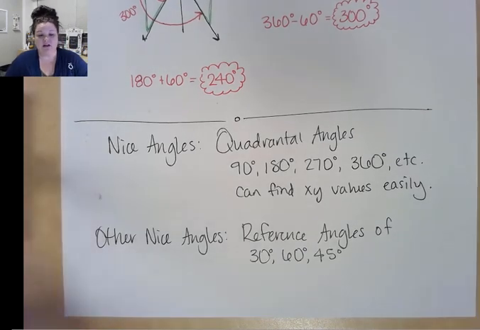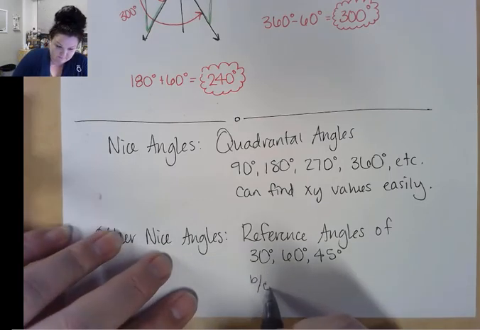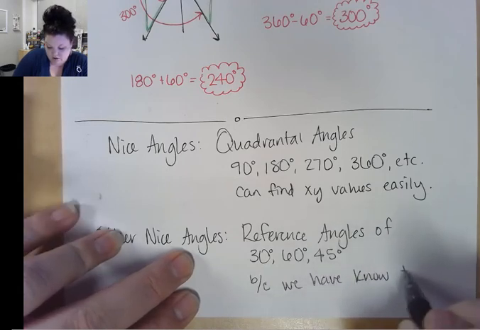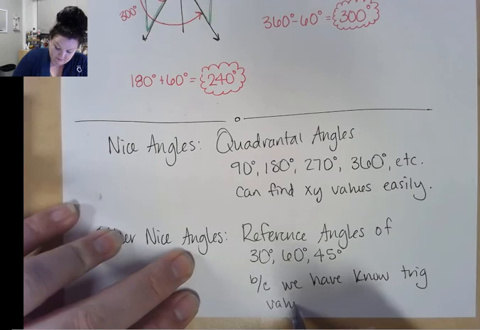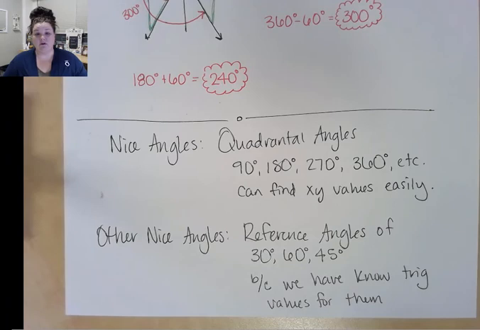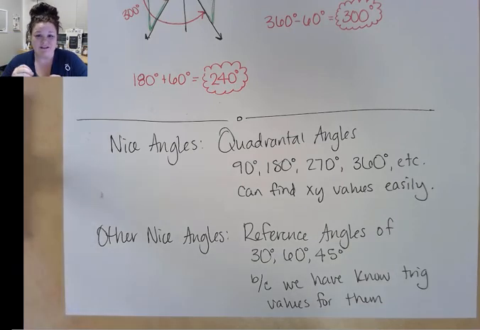These are other nice angles that we now have, because we have known trig values for them by using our reference triangle. That's what we're going to look at moving forward, focusing on these ones because they're the ones we can do stuff with because we have nice values for them. Sometimes we have not nice angles, and we'll learn what to do with those later on.